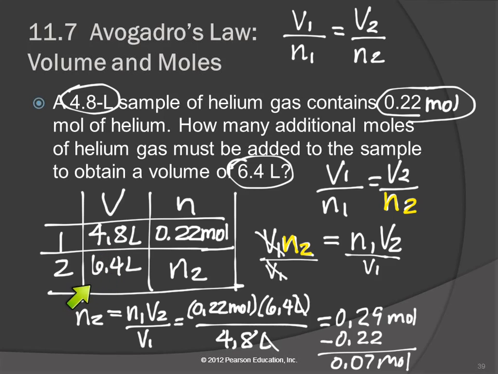And you ask yourself, is this going to result in N being larger or smaller? N has to be bigger, and so I'm going to make these into a ratio that will cause N to be bigger, and I'll multiply by 6.4 and divide by 4.8. That works really well for people with a certain kind of mind, okay? But other people just crash and burn. So if that works for you, you do it that way. It's awesome. Any other questions?